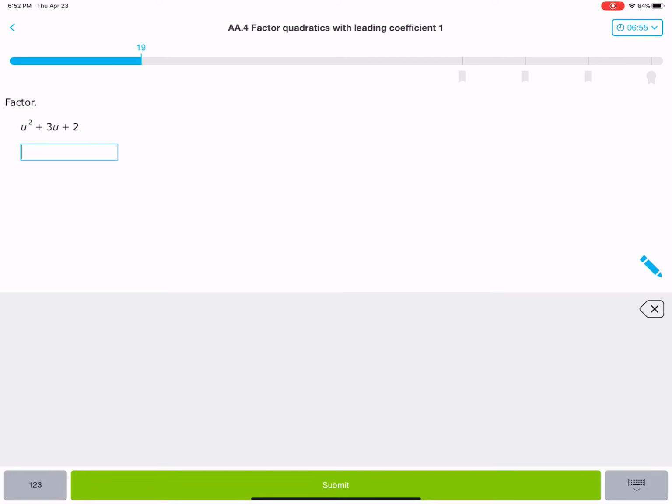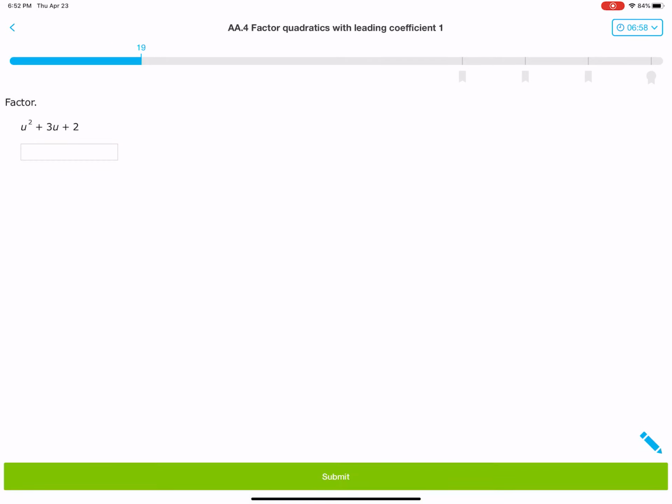All right. The more of these you do, the easier they'll become, and you'll have to do less of writing that list down like I've been doing, especially on a problem like this one where the number I'm looking at the factors for is 2. Factors of 2: I can only get a 2 by saying 1 times 2.